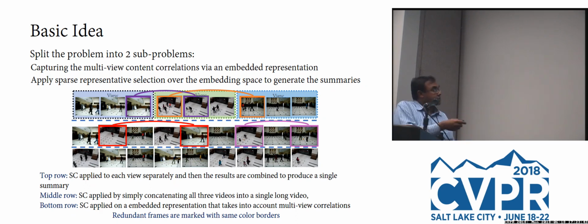In that case, the first step may not be required, and you might be able to get a better summary. But without that assumption, the first part is to learn the structure, and that is where this embedding comes in. And then from that embedding that you learn, which is essentially a relationship that you learn on how close different parts of these videos in different cameras are, you extract the frames that provide the best representation of that data.